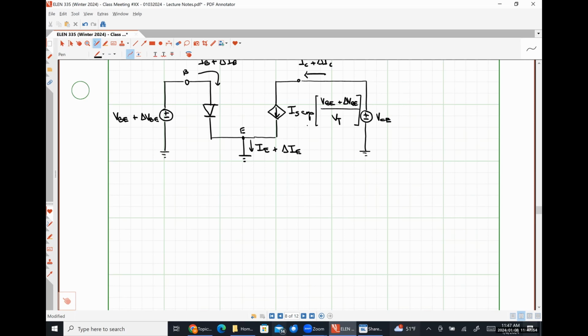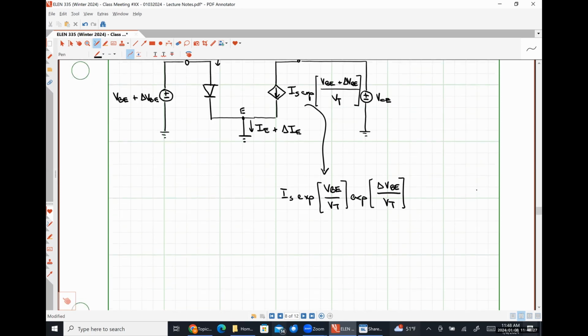So if we look at this guy right here, we could express this as IS times EXP of VBE over VT times EXP of delta VBE over VT.